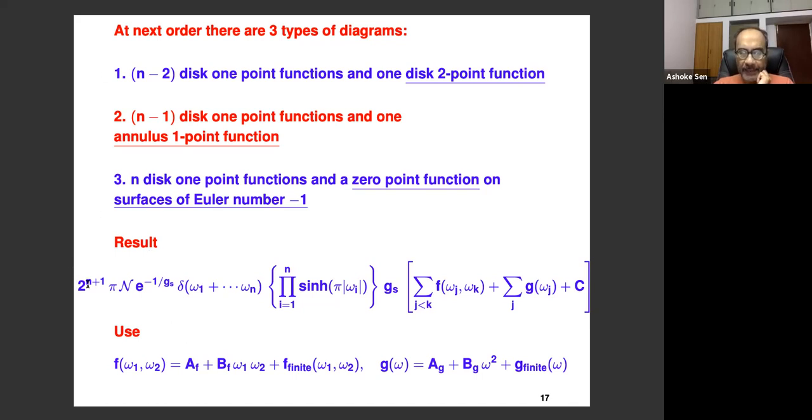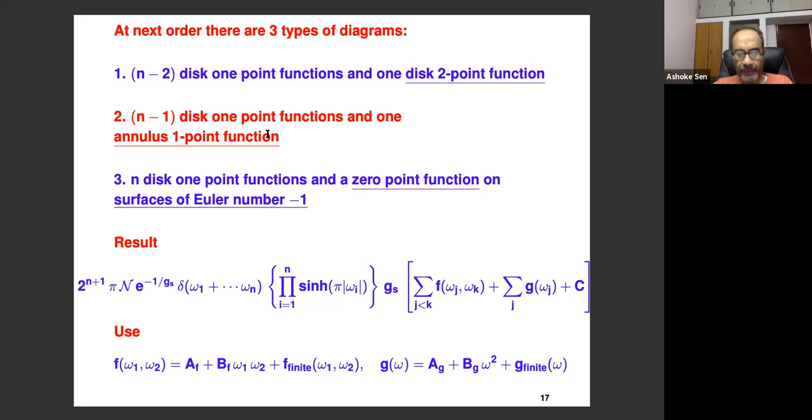And the result that we get by this analysis is given here. You can easily recognize that this is coming from the first amplitude, after summing over possible ways to distribute these external closed string vertex operators into the disk 2-point function and the disk 1-point functions. That's this sum.